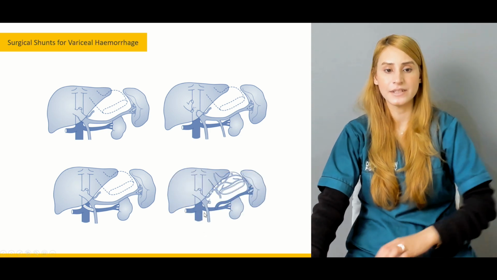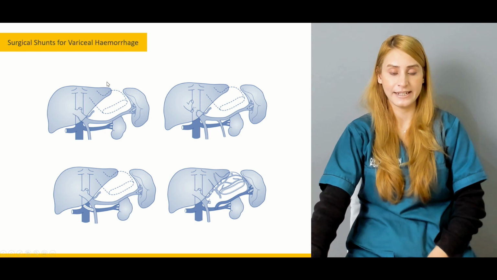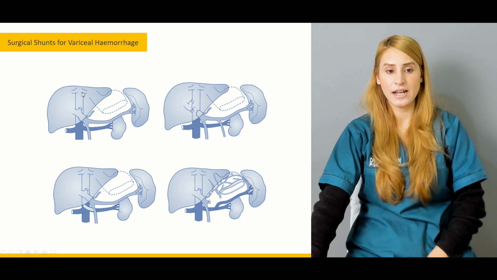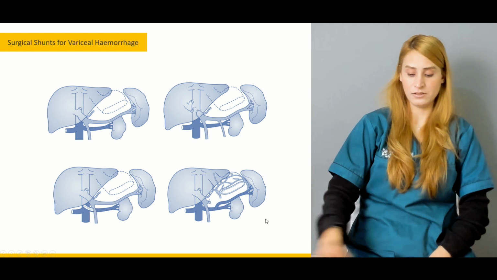As you can appreciate here in this diagram, this is the normal anatomy, and these are the portosystemic shunts, right? This is the portal vein, and you are creating the portosystemic shunts here. So that's how they can be performed.